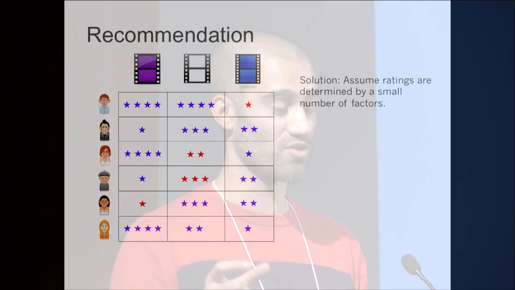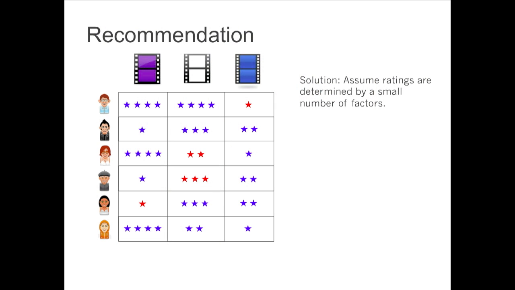You sort of need to add more structure to the problem. So what people often do in practice is they assume that users' preferences for movies, or items, are determined by a small number of latent factors. People call this making a low rank assumption.